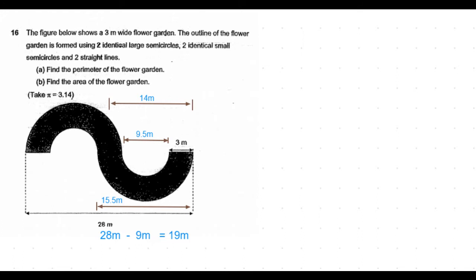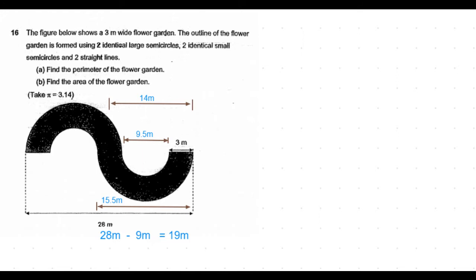Now let's find the radius of the smaller and the larger semicircles. The total length of the flower garden is given as 28 meters. And there are three 3-meter straight lines in between, one on either sides and one in between which crosses over.